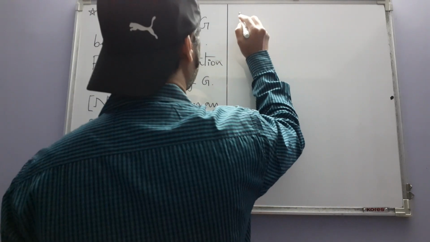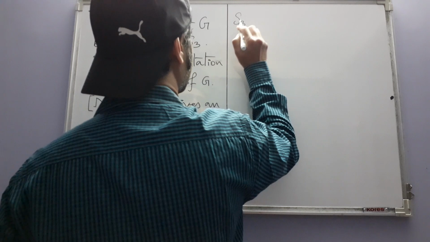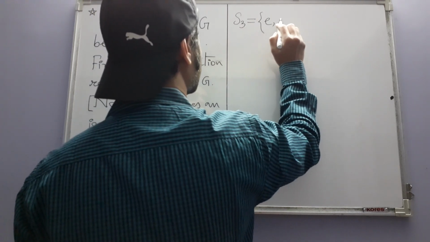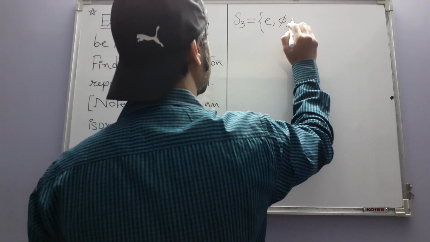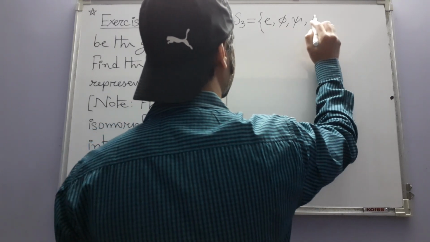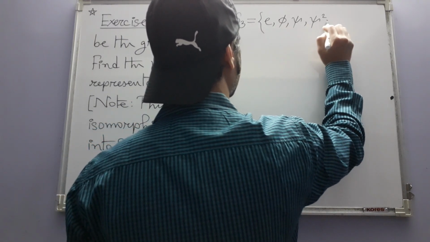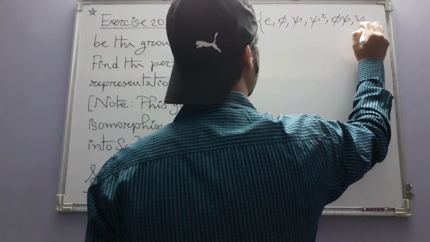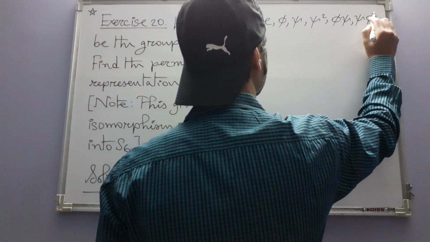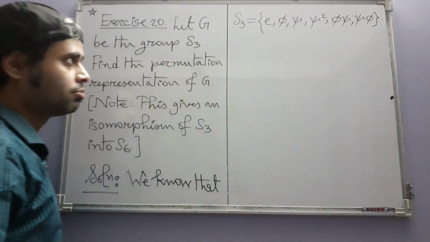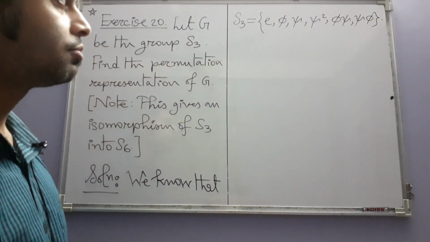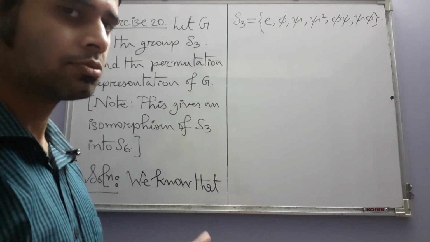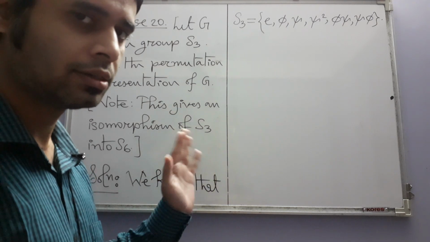We know that S3 consists of the identity, the function phi squared, phi psi and psi phi. So in order to calculate with these functions, you would need to know what actually phi is, what psi is. So you have to go back to that example.